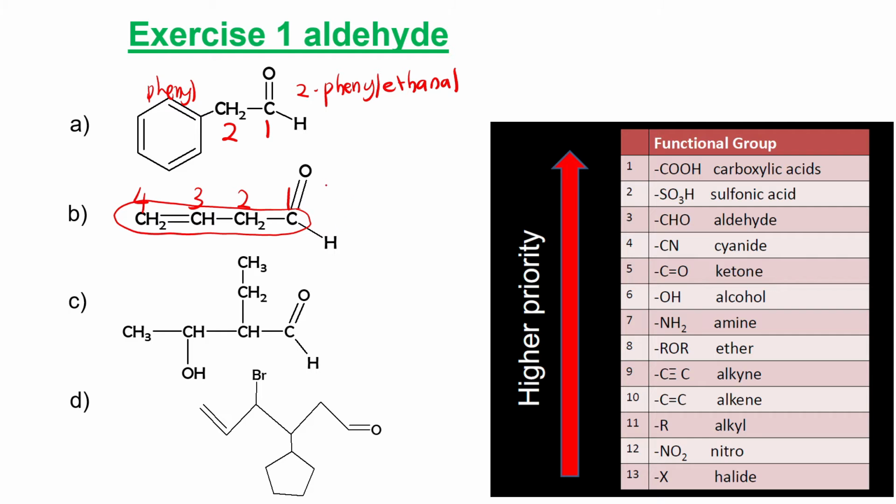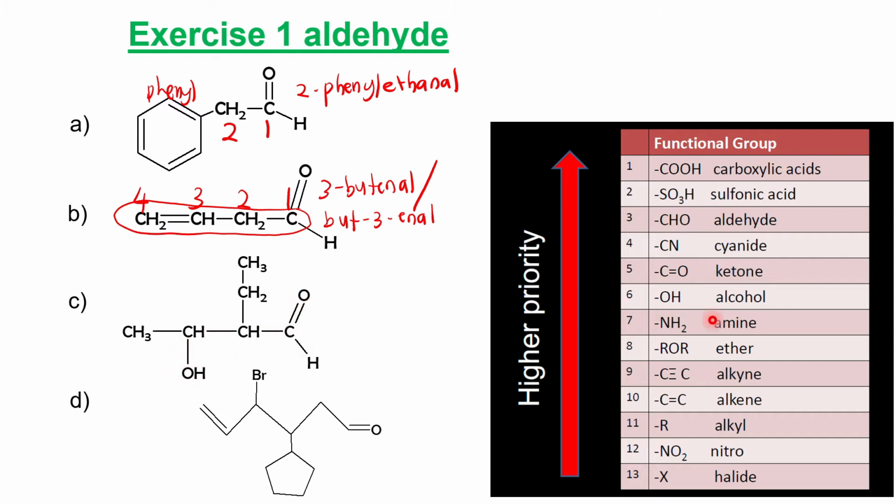We can write 3-butenal. Al meaning aldehyde, and ene meaning carbon-carbon double bond. Or we can also write it as but-3-enal.